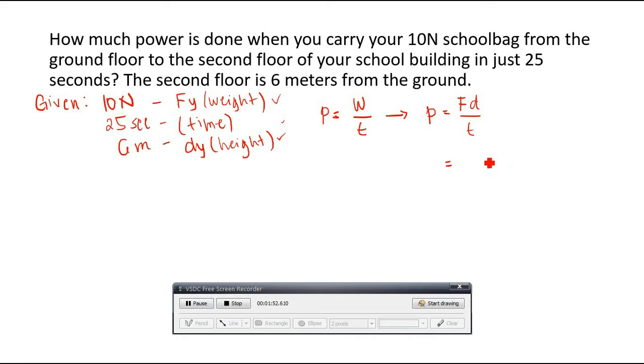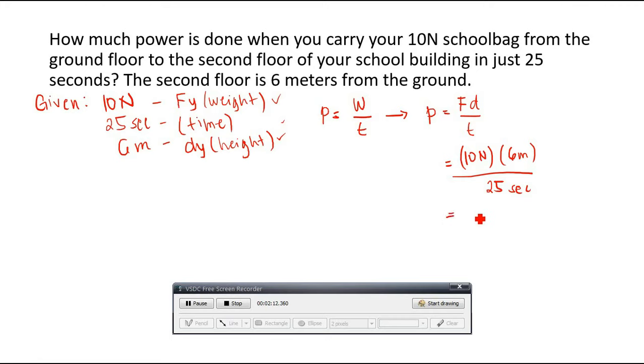Your Fy, or your weight, will be 10 Newton times the distance, which is your height, 6 meters, over your time, that's 25 seconds.